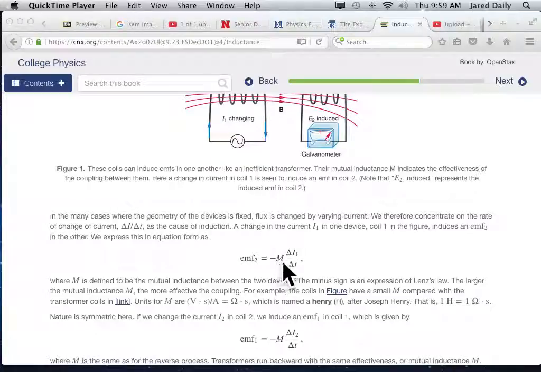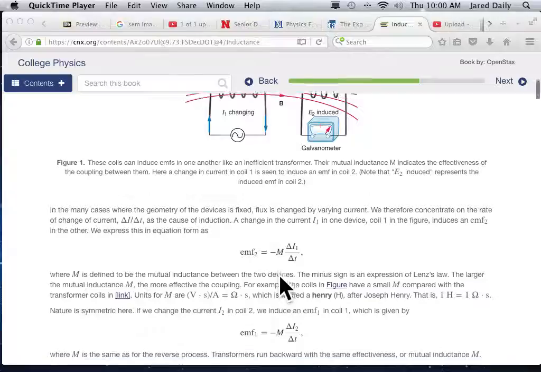But we have this factor between them called the mutual inductance, which is a constant dependent on the configuration of the coils. Each pair of coils has a mutual inductance M that is different from that of other coils.